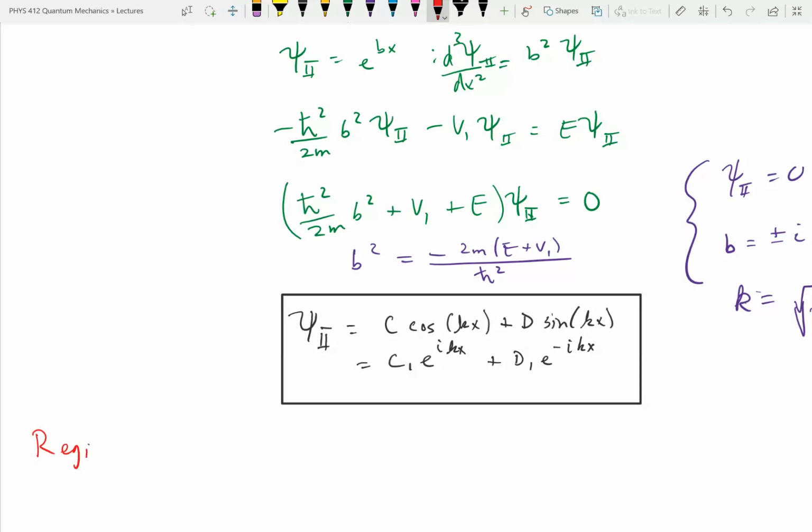The only difference in this one will just be V2 instead of V1, right? Yes.